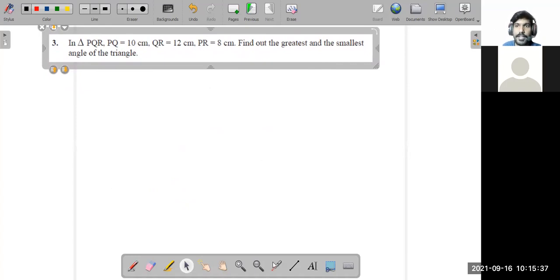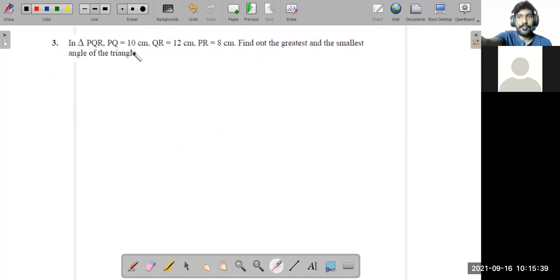Okay. In this question, in triangle PQR, PQ is 10 centimeters, QR is 12 centimeters, PR is 8 centimeters. You have to find the greatest and the smallest angle of the triangle. So let me just draw the diagram.